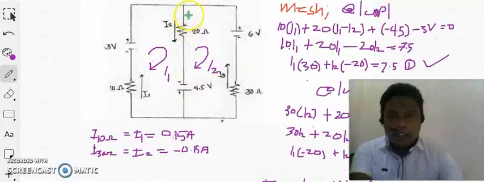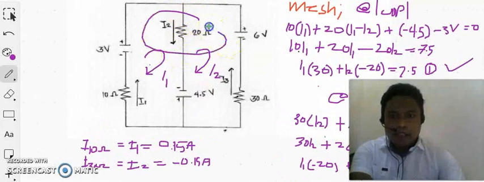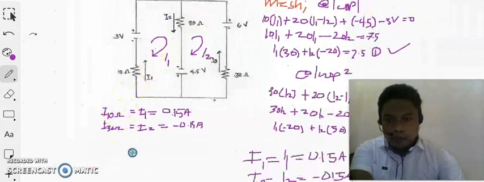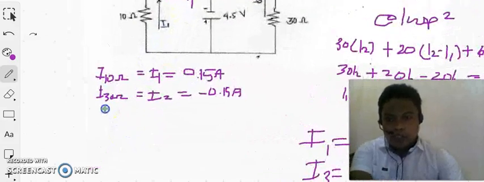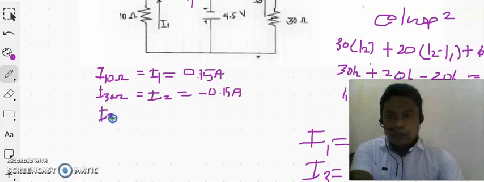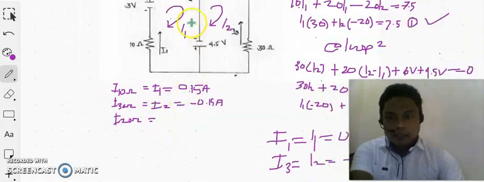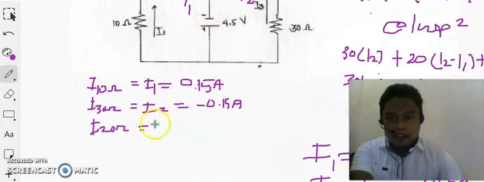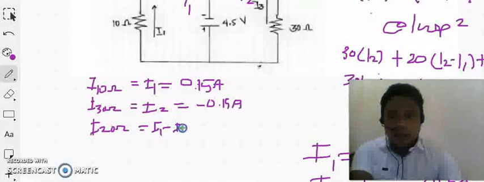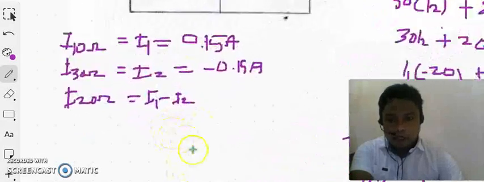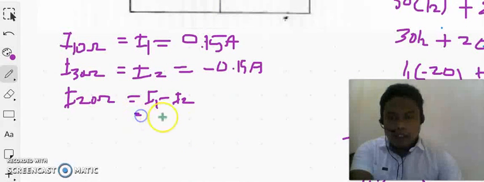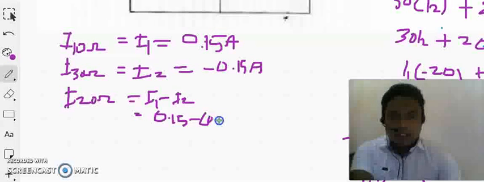The last missing current is for the 20 ohms resistor. Our current for the 20 ohms resistor is I1 minus I2. We have I1 is 0.15, minus negative 0.15.